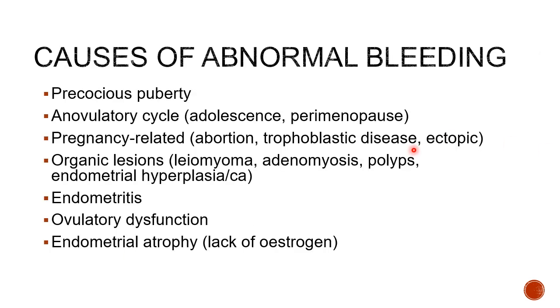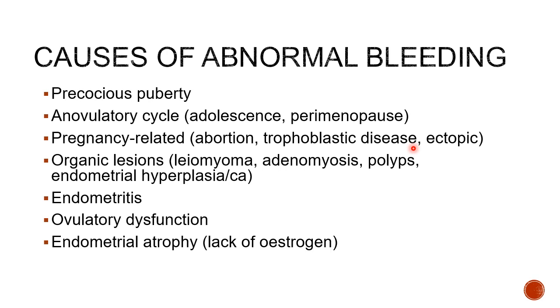I would like to start just by listing some of the causes of abnormal bleeding, because abnormal bleeding is one of the commonest ways of presentation of any problems arising from the uterus or the endometrial cavity.